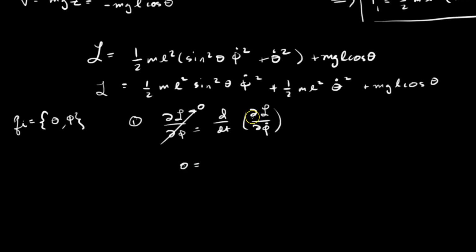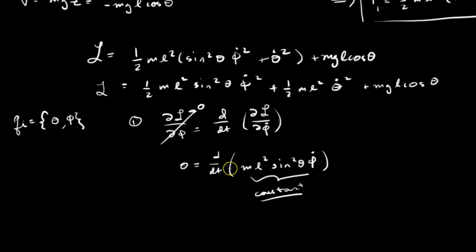So 0 is equal to the derivative of m L squared sine squared theta phi dot. Okay, so if the derivative of this is 0, that means that this has to be a constant.